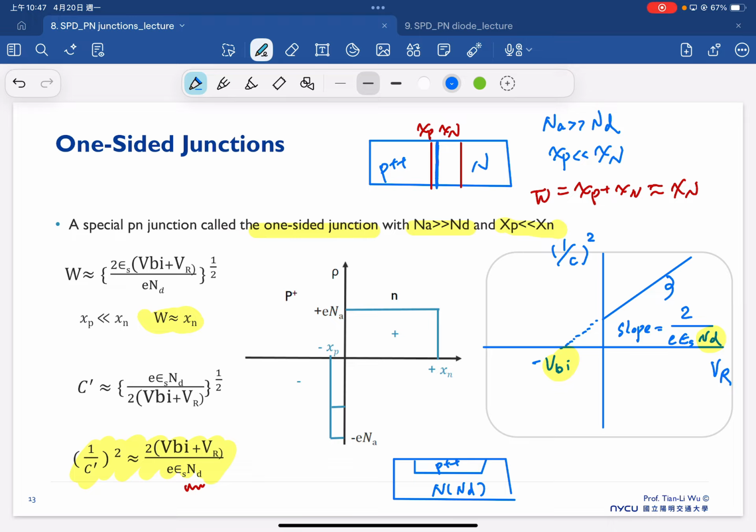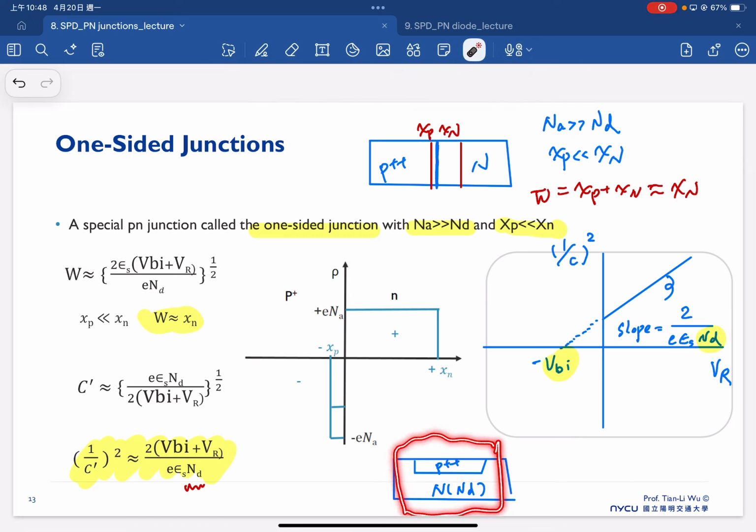Normally we make it by implantation, so we do the implantation in the place that has the P++, and therefore we are able to form the capacitance between the P++ and also the N here.